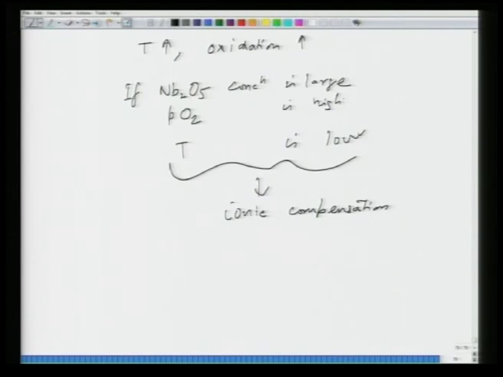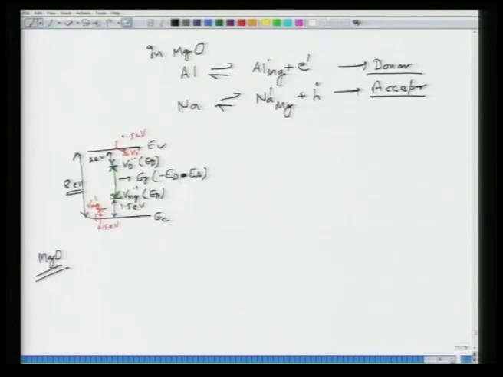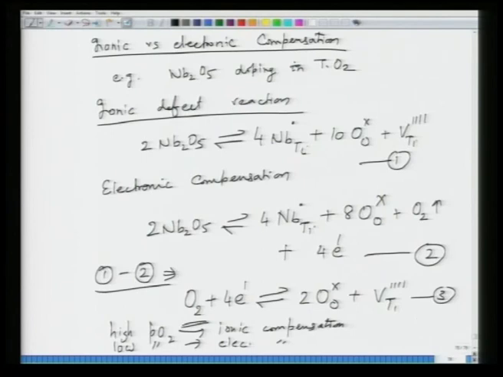In any case, you have to follow the electrical neutrality condition. The electrical neutrality condition would be N_VTi, 4 VTi plus... hang on just a second, let me just see what the reactions are. So, I have here NbTi is equal to electron, VTi is equal to 4 of NbTi.